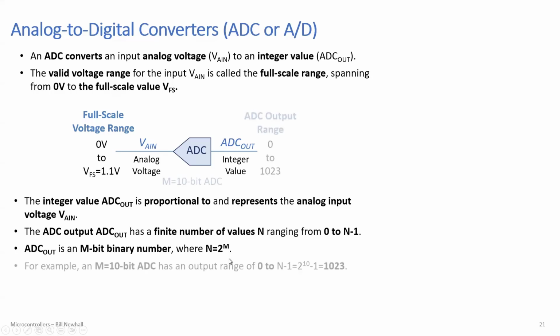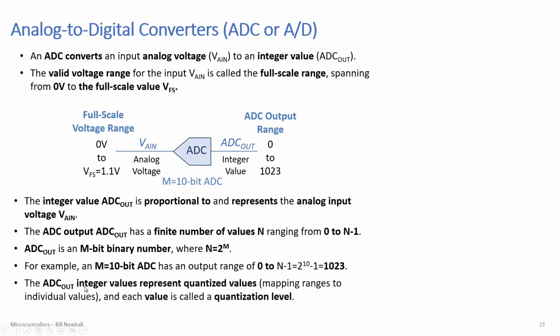So for example, like the ADC you're using in lab, if you have a 10-bit ADC, that 10-bit ADC has a range of 0 to n-1. So n is 2 to the m, 2 to the 10 is 1024. 1024 minus 1 is 1023. So you have a range of 0 to 1023. That's 1024 values.